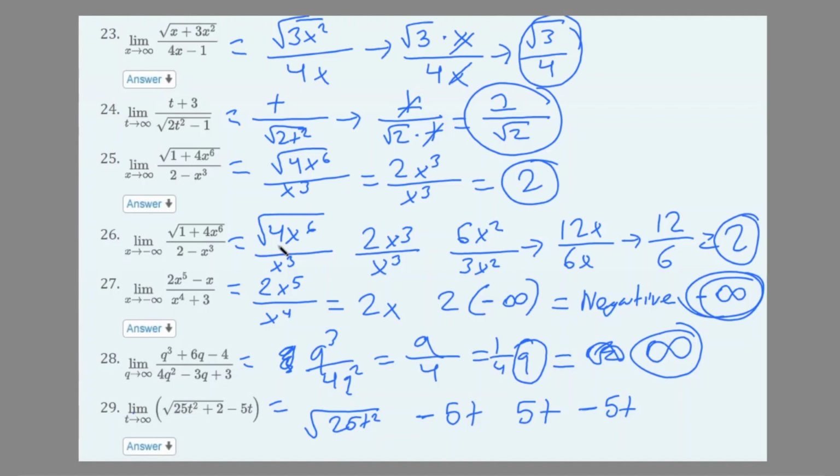So the limit as t goes to infinity, let's say 5t and 5t get infinitely greater. It's always going to equal 0 because while they get infinitely greater, they're the same number being subtracted, so it's going to be 0. So your limit as t goes to infinity is 0.